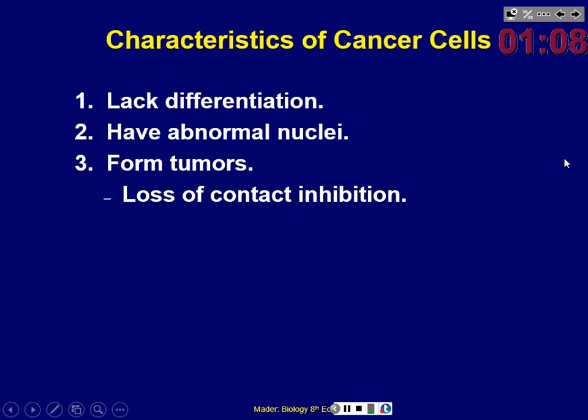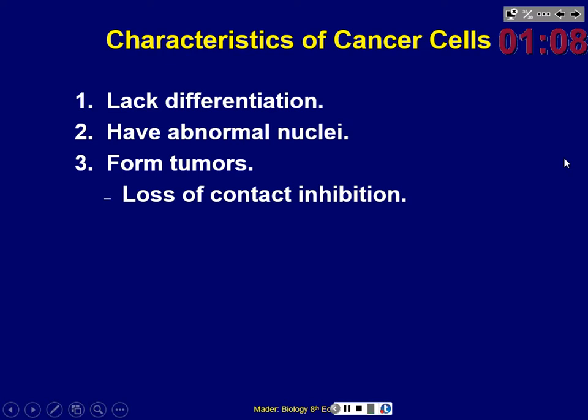If you take normal cells and put them in a dish and give them lots of nutrients, they're going to divide and divide until they fill up the dish. And then they'll stop dividing. They come in really close contact with each other. It's called contact inhibition. And they will divide after a cell dies and needs to be replaced. That would be growth and repair.